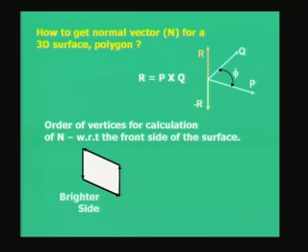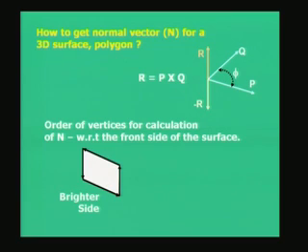I say I take the order of the vertices in such a manner such that my edges which form the vectors of the polygon, as shown here by the arrows, go in a counter-clockwise arrangement. Basically, it means I take the vertices of this polygon in a counter-clockwise order, and when I do that, I will say I am looking into the brighter side or the facing side of the polygon.